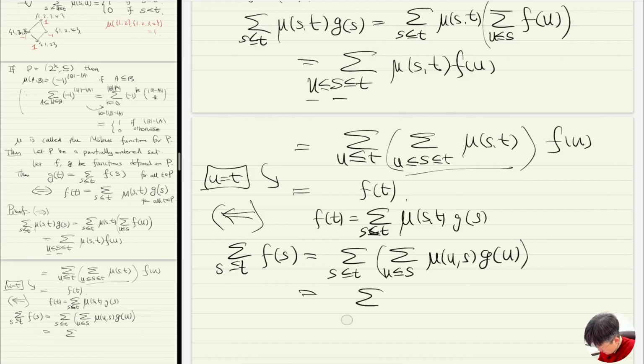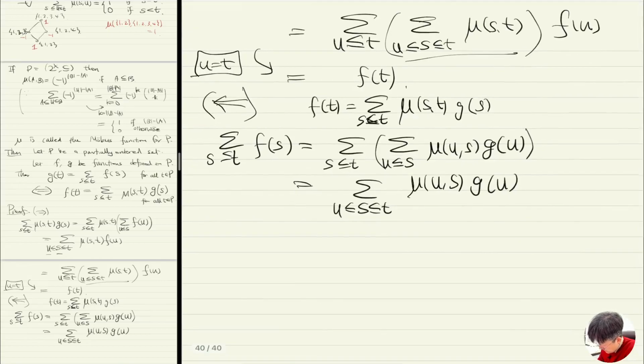So this is the sum over u less than or equal to S less than or equal to T of mu of u S and G of u.